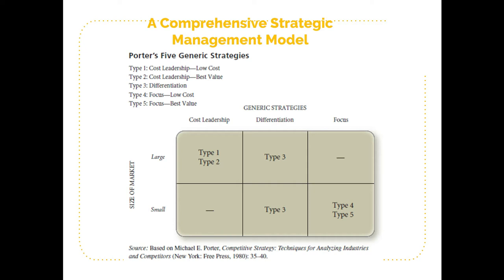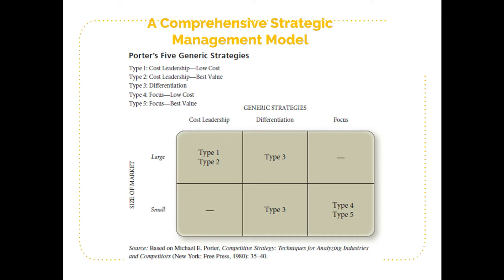So basically, type 1 is a low-cost strategy that offers products or services to a wide range of customers at the lowest price available on the market. Type 2 is a best value strategy that offers products or services to a wide range of customers at the best price value available on the market.